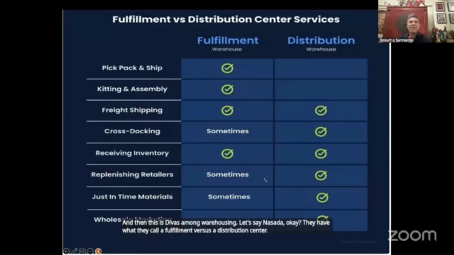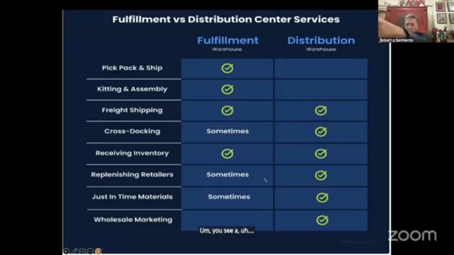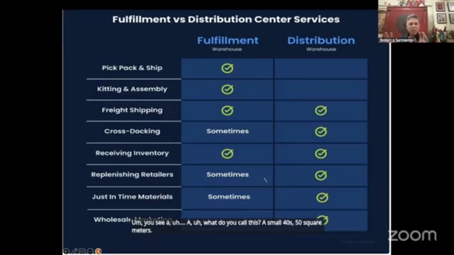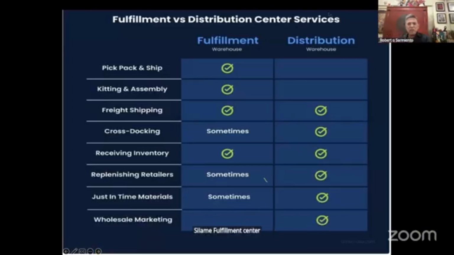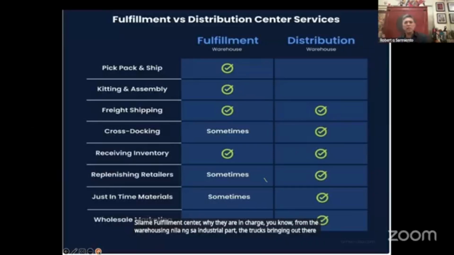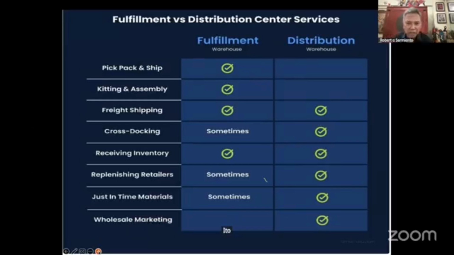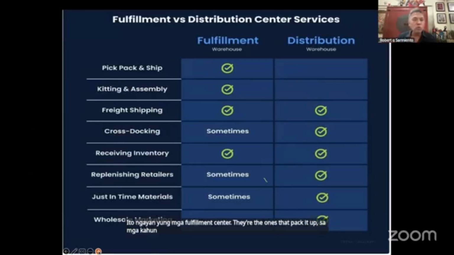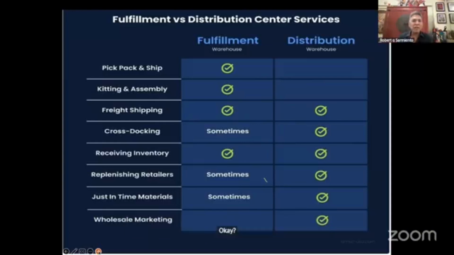A fulfillment center is a small 40, 50 square meters. Sila yung fulfillment center. From the warehousing nila sa industrial park, the trucks bring it out to Quezon City, to Bulacan, whatever. Ito ngayon yung mga fulfillment center, they're the ones that pack it up sa mga kahon to bring to the consumer. So that's basically the difference between the fulfillment and the distribution warehouse.